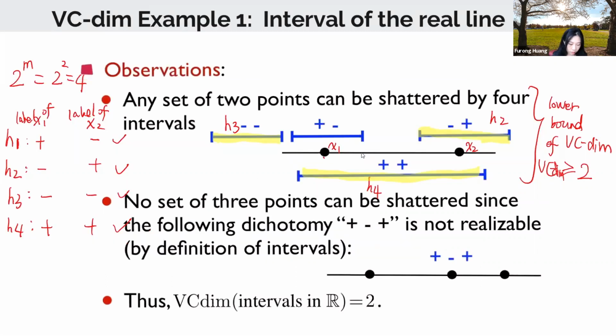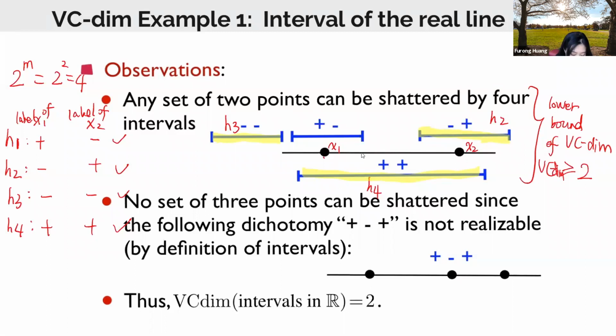So now the point here is that if you're looking at 3 dots, then no set of 3 dots can be shattered since the following dichotomy, +1, -1, +1, is not realizable.